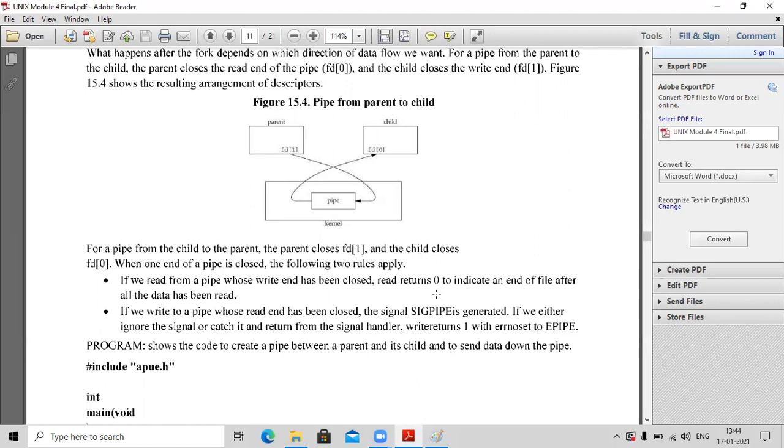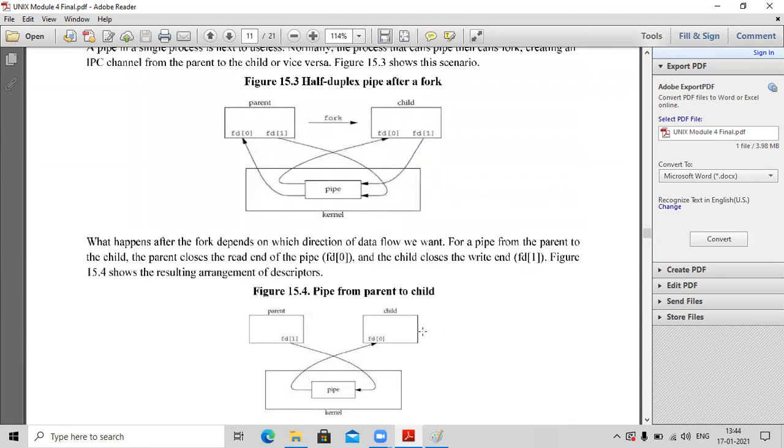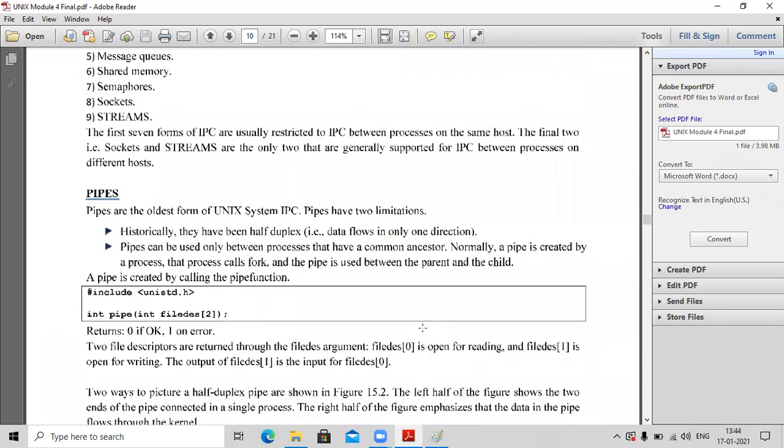We can either ignore the signal or handle it with a signal handler, just like the exception handler we use in Java. After the signal is generated, it will be handled suitably by a signal handler, by returning some values or setting the corresponding parameters. So this is what actually happens when you're using a pipe.